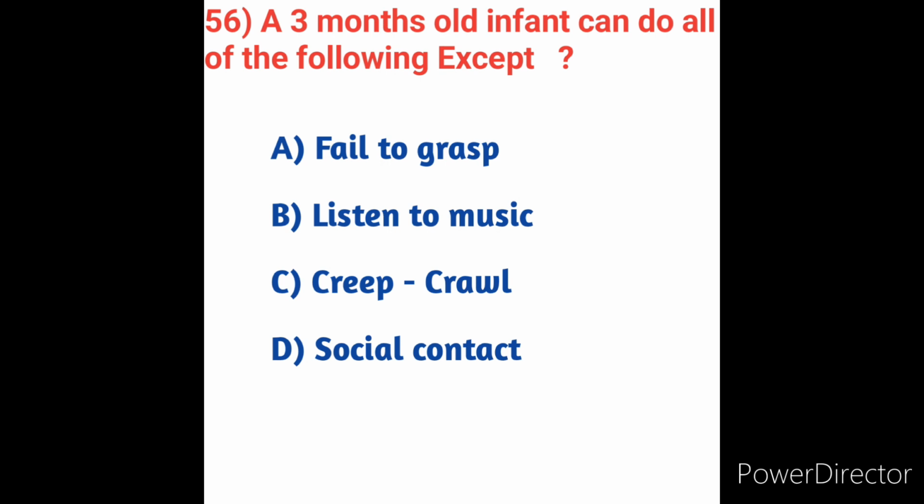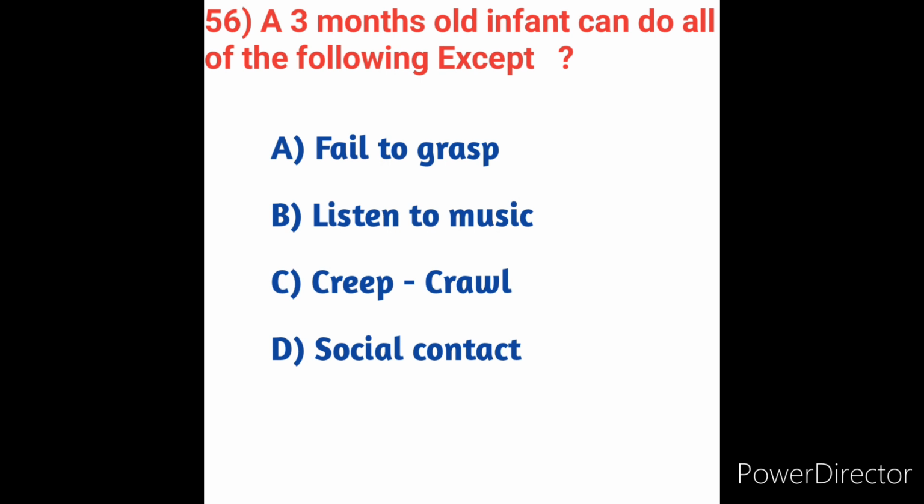A baby raises head and chest on tummy, supports upper body with arms, opens and shuts hands, brings hand to mouth, begins to develop a social smile, enjoys playing with others and listening to music. So we have listening to music and social contact.